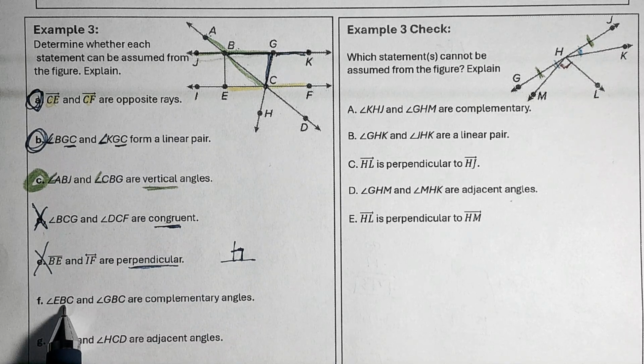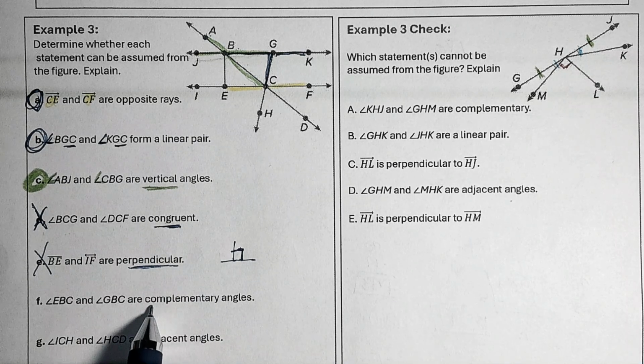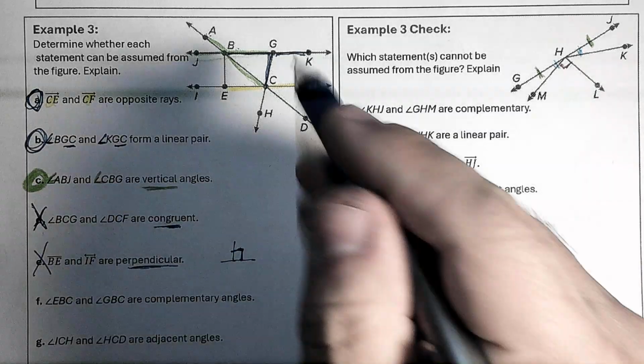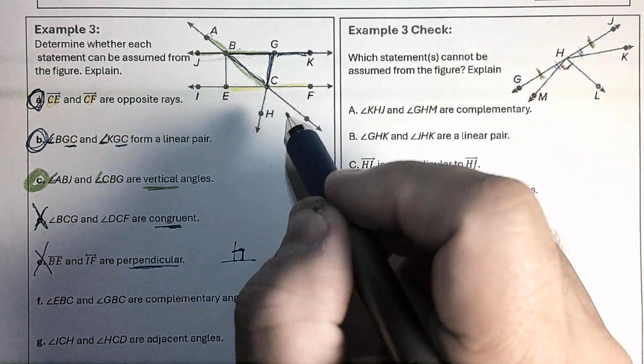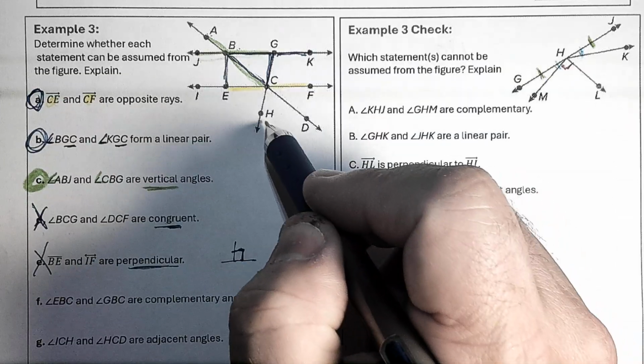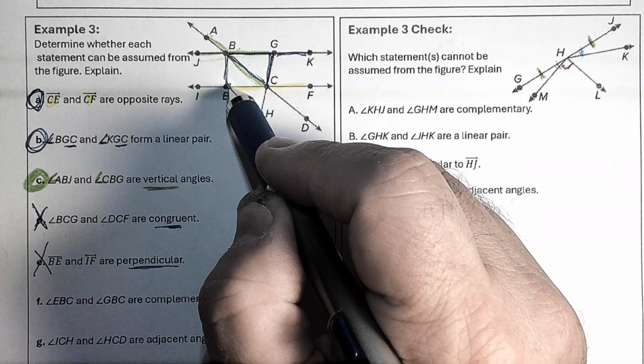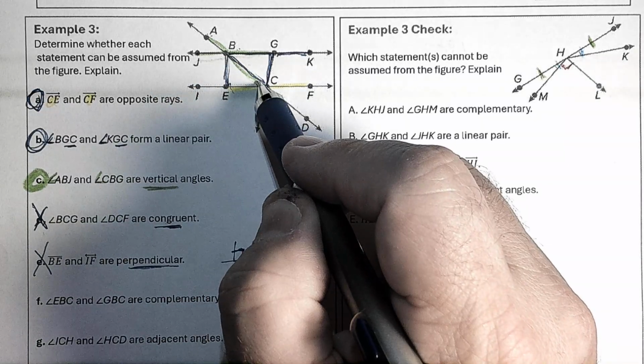All right. ECB and GCB are complementary angles. Notice they have BC, so BC is going to be their common side. So we have E and, what does it say? H? That's kind of weird. Wait a minute. EBC, no, sorry, GBC.